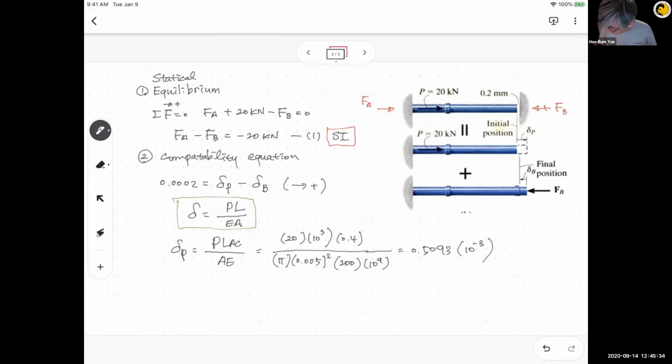Of course, this will be millimeter. Oh, this is meter, right?